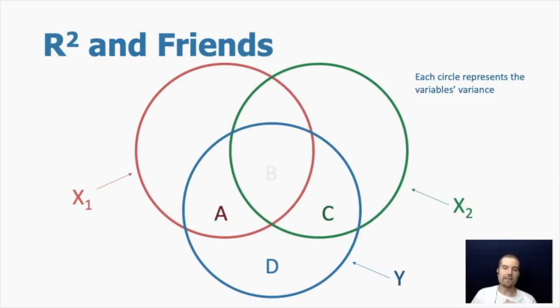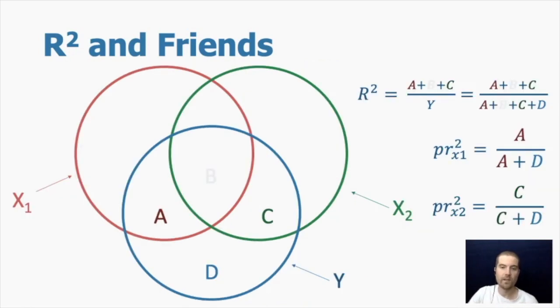I wanted to highlight what this looks like from a Venn diagram standpoint. I think it can be really helpful to think through. So we have three variables. We have x1, x2, and y. Y is our outcome. x1 and x2 are predictors. We can get various measures of effect here with the R squared versions.